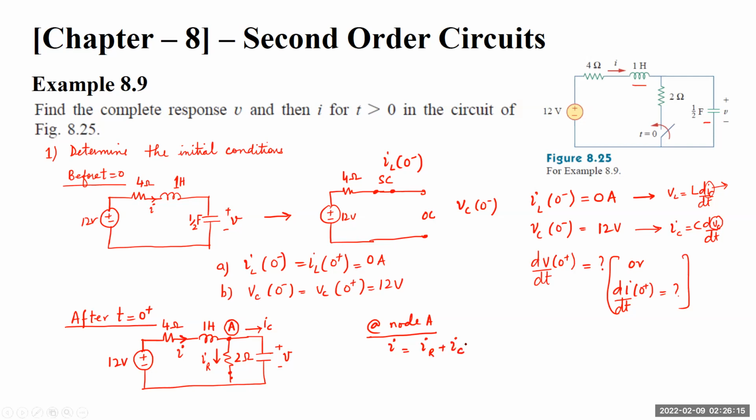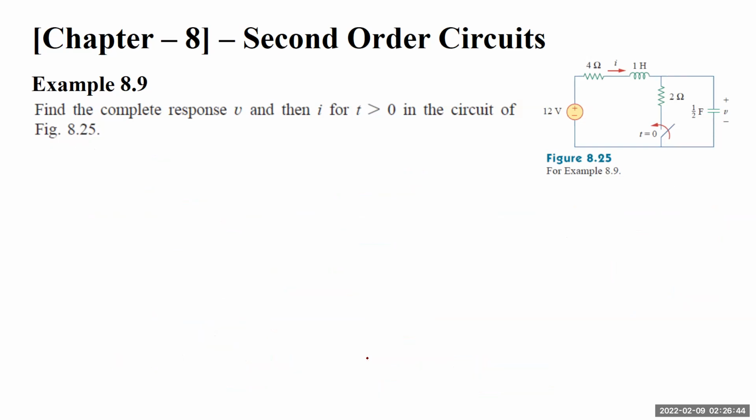We can write the equation for the current entering or leaving node A using Kirchhoff's laws in this fashion. At time t equals 0, I(0+) is equal to IR(0+) plus IC(0+).